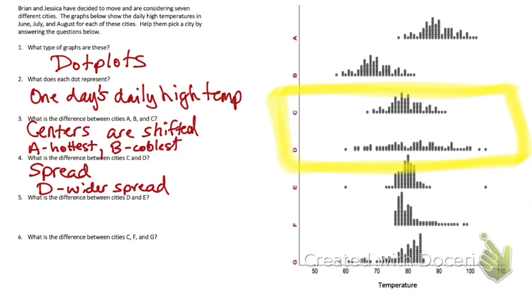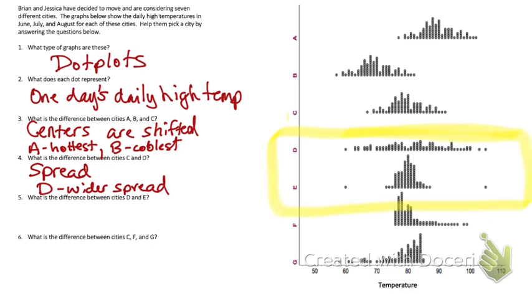Now we're going to look at D versus E. Both of these have the same center. They actually have the same spread, meaning the same range. They have the same high and low. What's different, though?